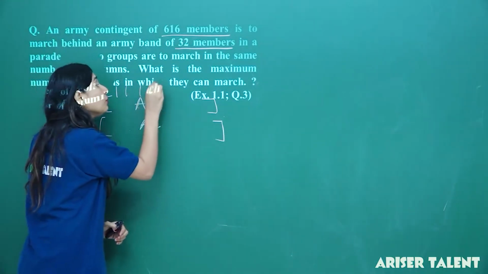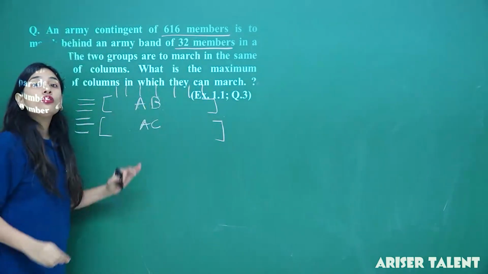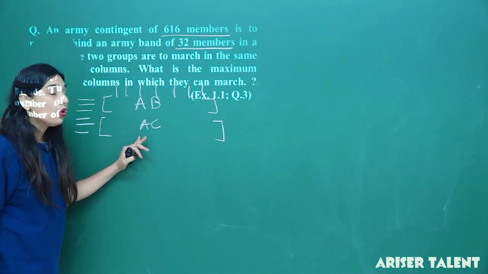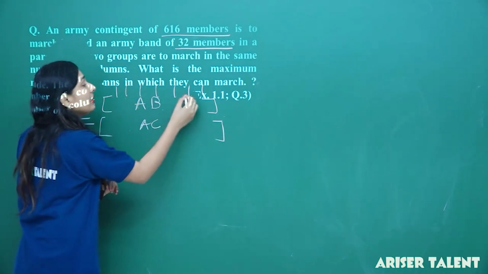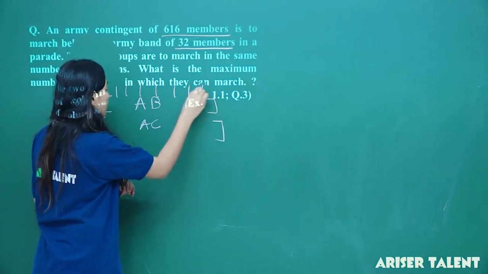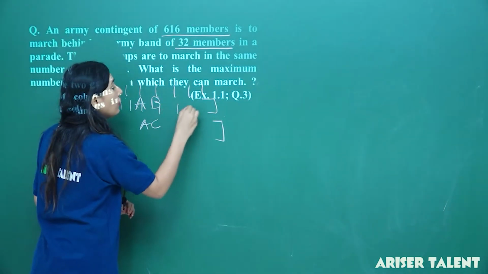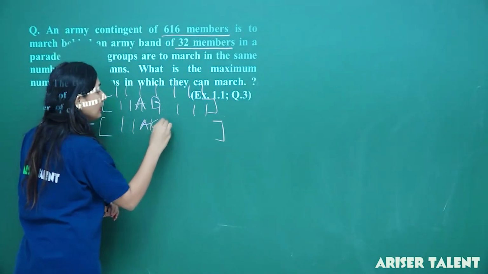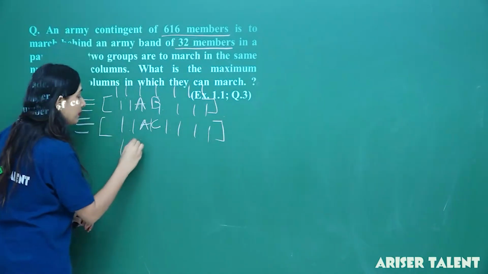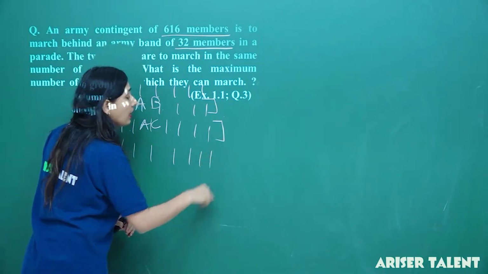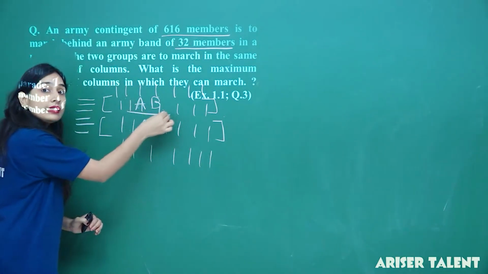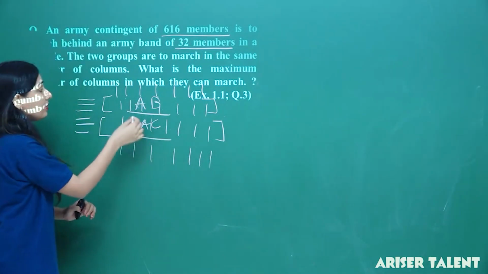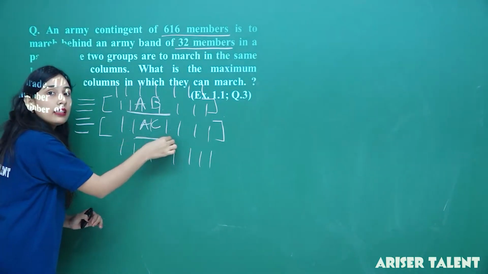But the number of these columns should be equal. Okay, if they are 1, 2, 3, 4, 5, 6, 7, so here also we will have 7 persons. Here we will have 7 persons. Same for AC and same for AB.